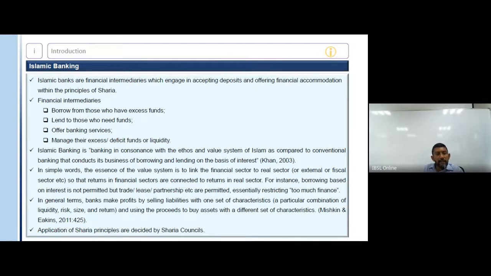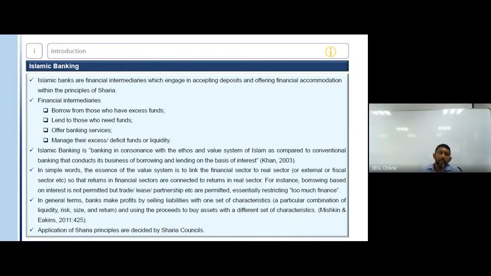So having explained what is meant by Islamic bank, we defined Islamic banks as financial intermediaries that operate within the principles of Sharia. Now we need to understand what are those Sharia principles. But I will only conclude by saying here in the first slide that the applications of those Sharia principles are decided by what are called Sharia councils.